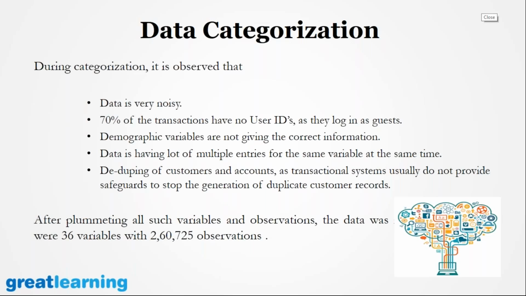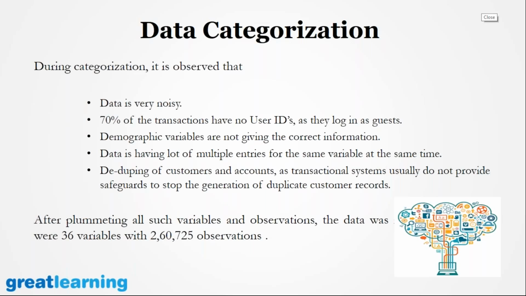When you register on a website, a user ID is created. From this data, we found that just 30% of the buyers actually register on the site, and 70% just buy as a guest. They don't want to register on the website.